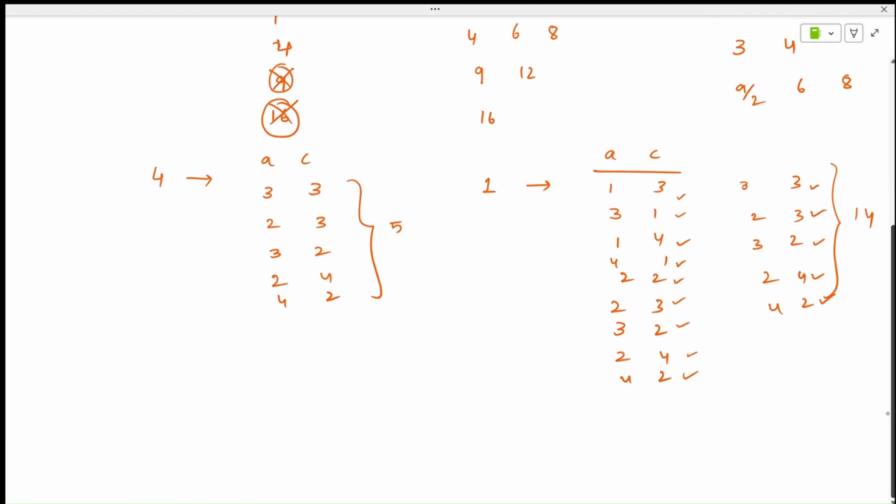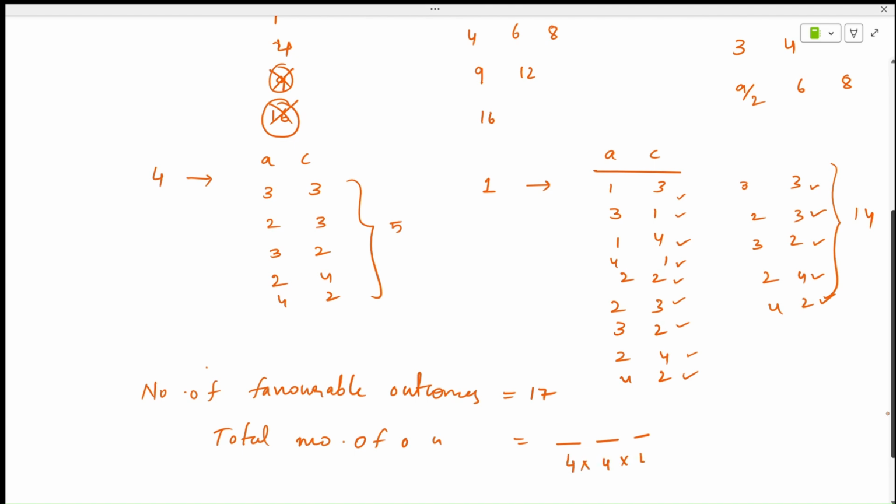In total, you will get how many favorable, our number of favorable outcomes is equal to 17, and total number of outcomes is equal to, there are 3 variables. Each variable can take 4 different values, so you will get 64 in total.